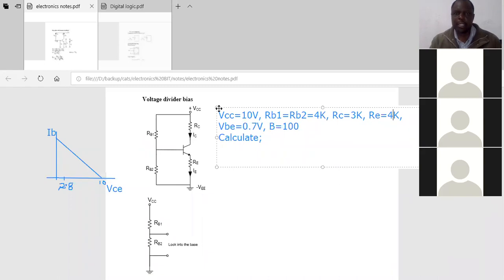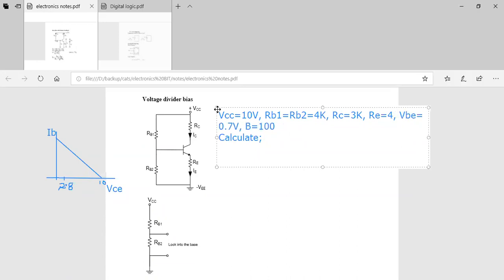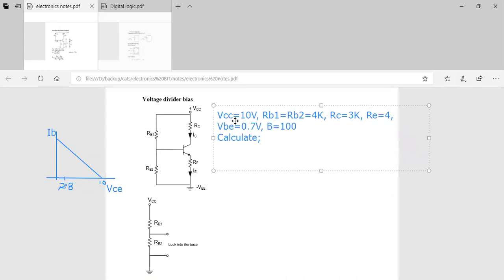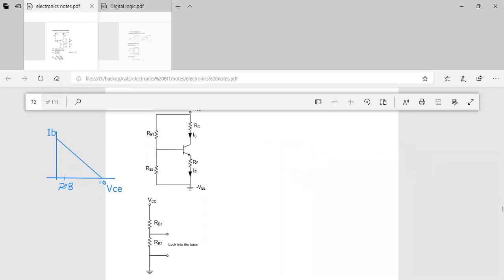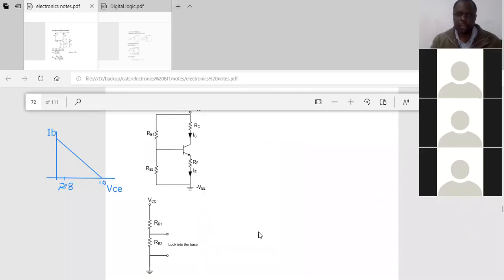So calculate the same parameters that I asked you to calculate earlier. So you'll do that question later.